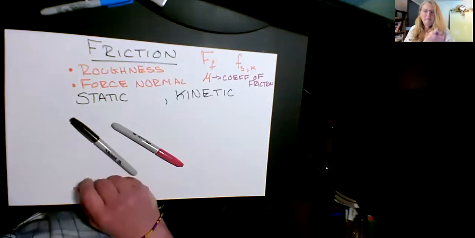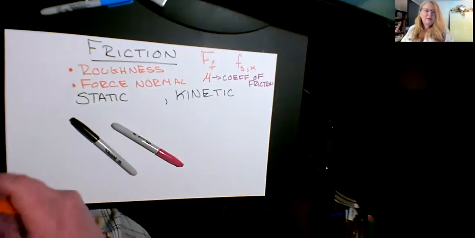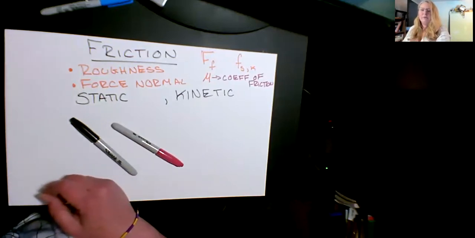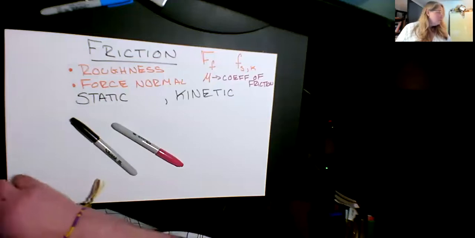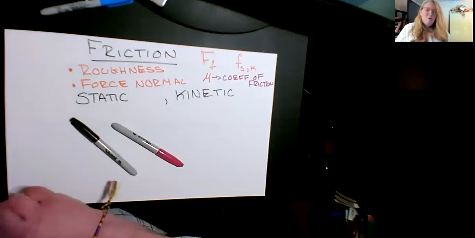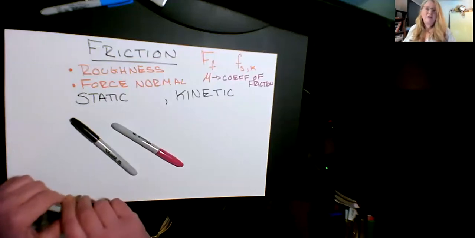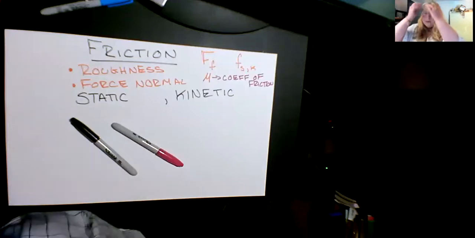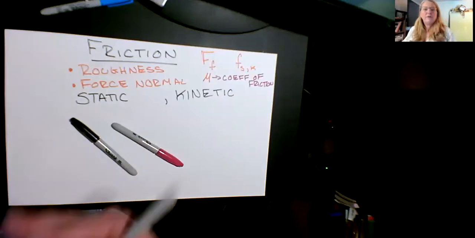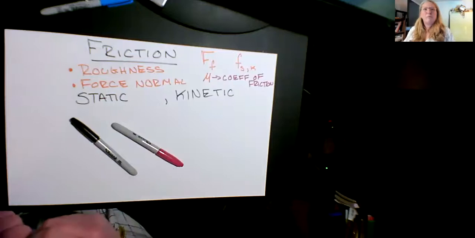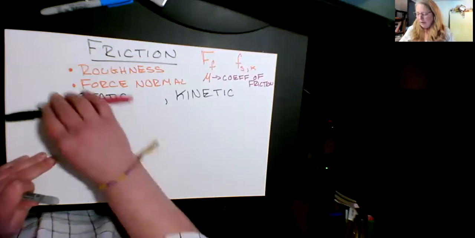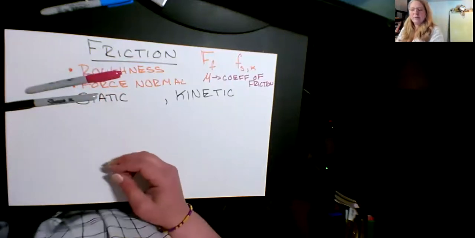So when I have my hand holding this pen, I have an interaction between the molecules in the pen and the molecules in my hand. So the same thing is happening when two surfaces are in contact with each other. Now, the more they have contact, the stronger that interaction will be.